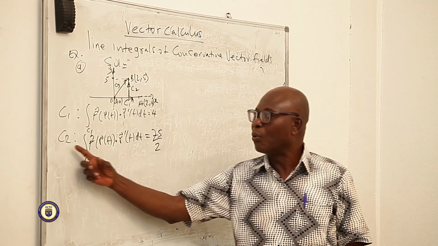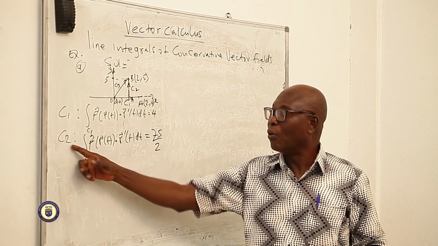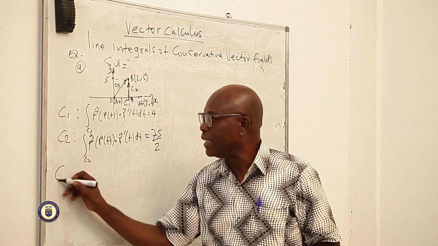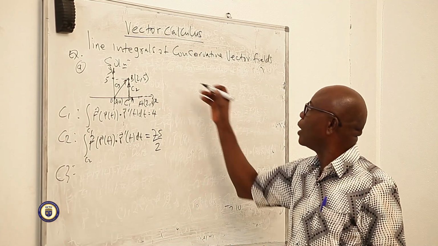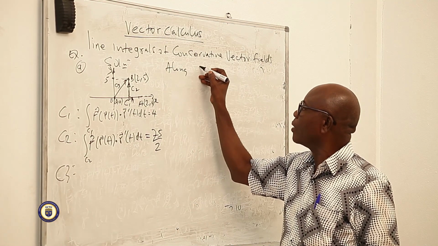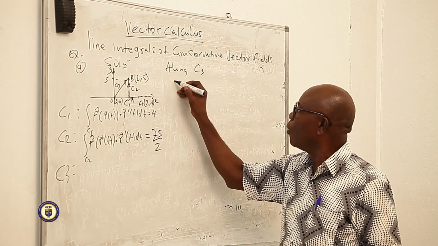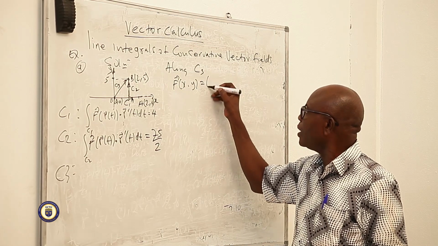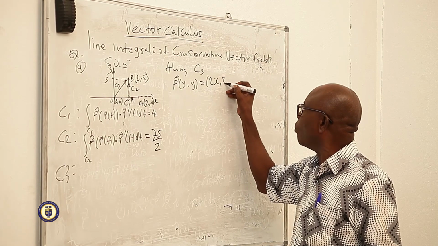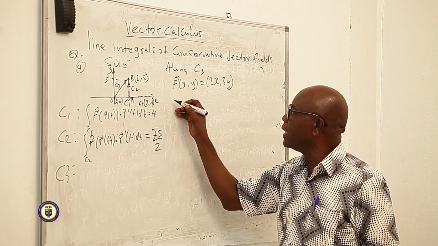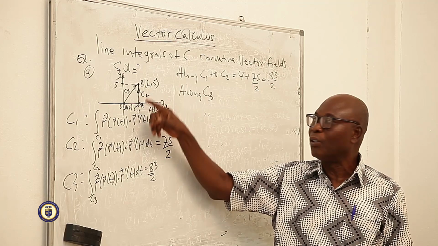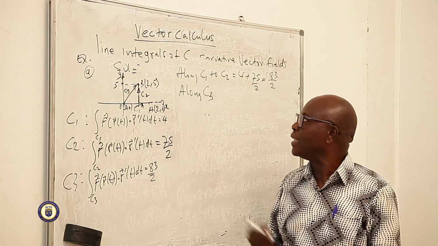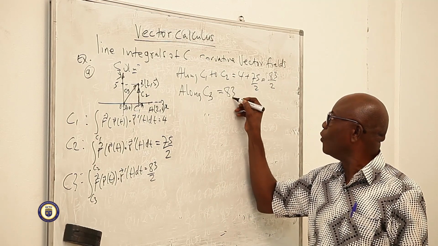Along C3, we know F of x and y is equal to (2x, 3y). And along C3, we are not going to bypass it. We are moving from (0, 0) straight to B at (2, 5), and we also had 87 over 2.